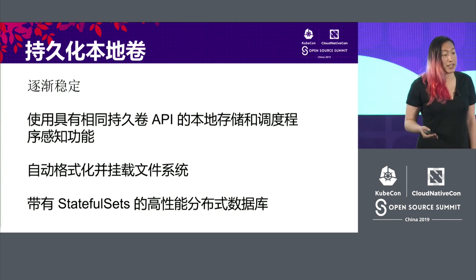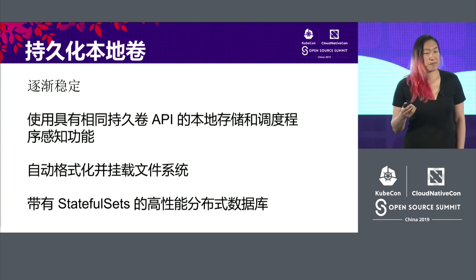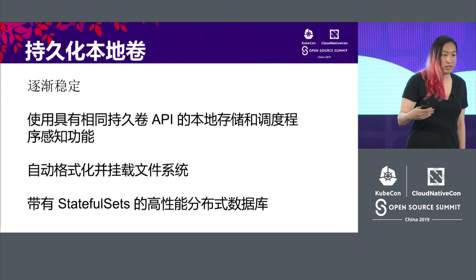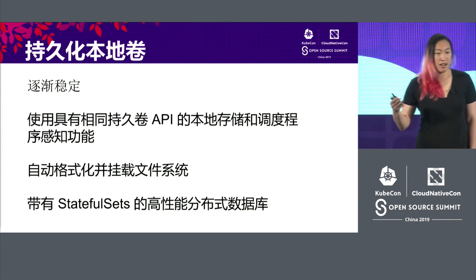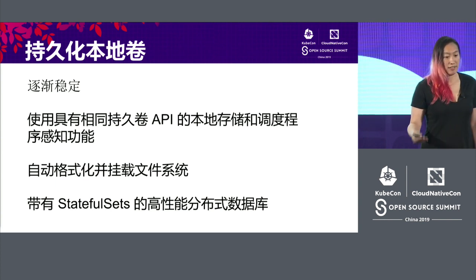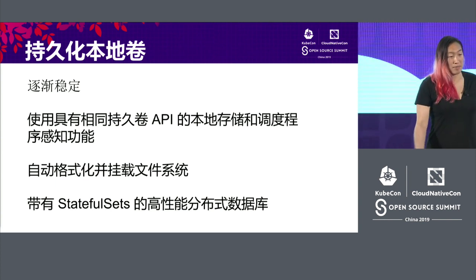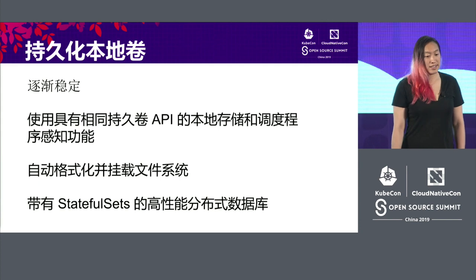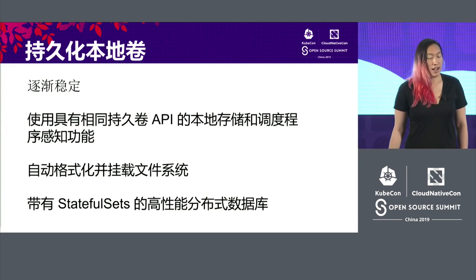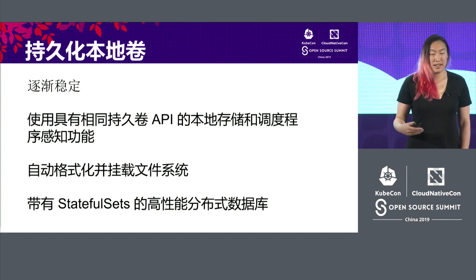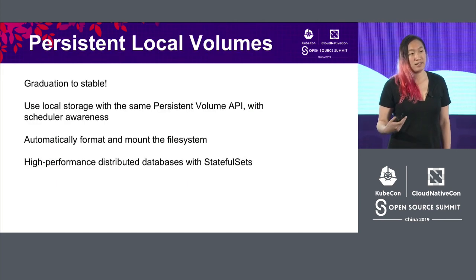The scheduler awareness means that if you have a local volume and you recreate a pod that uses that local volume, the scheduler is now aware to schedule it onto the appropriate node that actually has that local volume. It will automatically format and mount the file system. This is perfect for running things like Kafka or any other stateful things that need high performance storage.